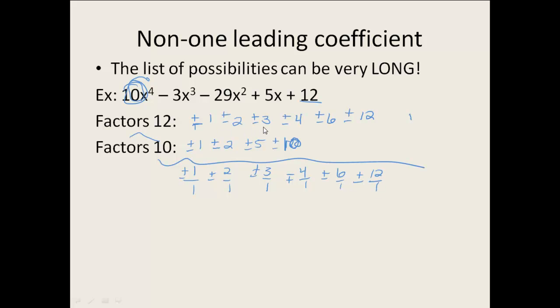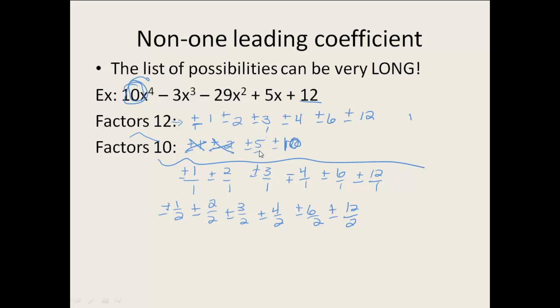So that took care of all of my factors of 12 over the 1. Then I would have to do them over 2. So I would have to do plus or minus 1 over 2, plus or minus 2 over 2, plus or minus 3 over 2, plus or minus 4 over 2, plus or minus 6 over 2, 12 over 2. Okay, that would take care of all of my factors of 12 over the 2.